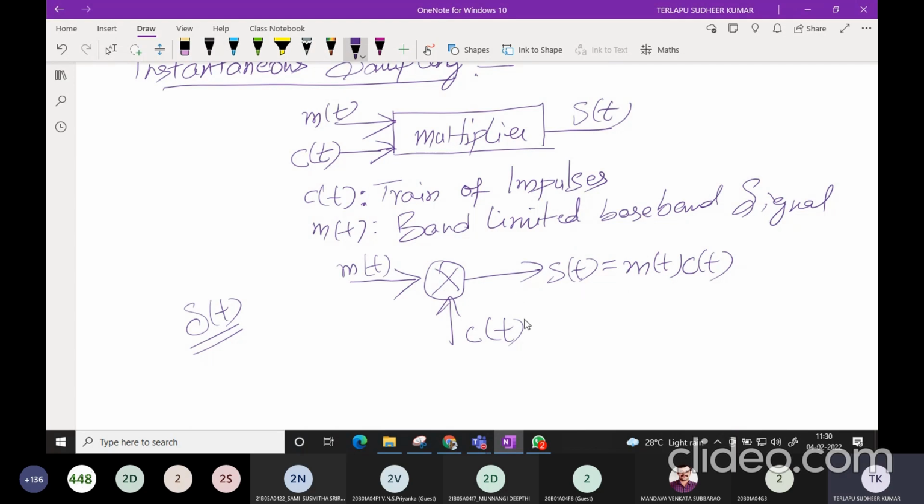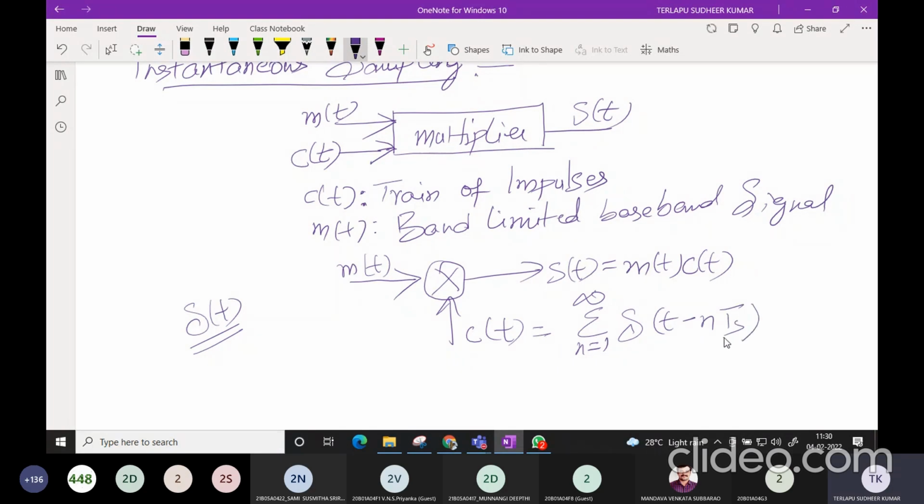This train of impulses can be mathematically represented as the summation, n equal to 1 to infinity, of delta of t minus nTs.